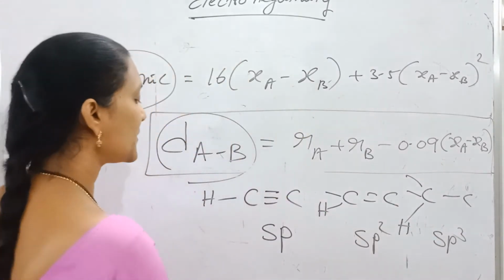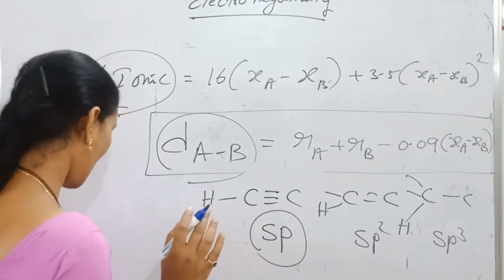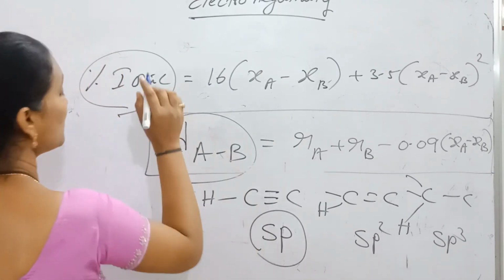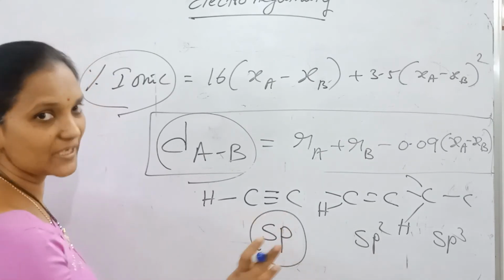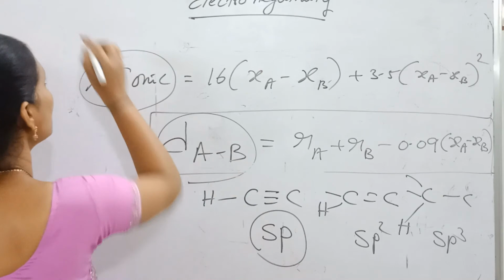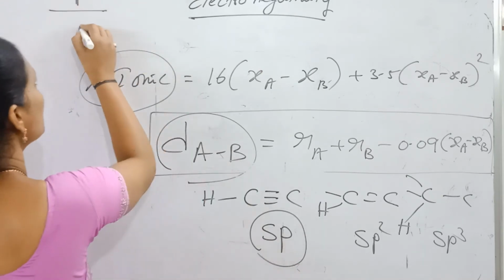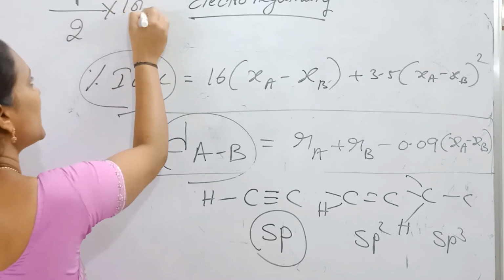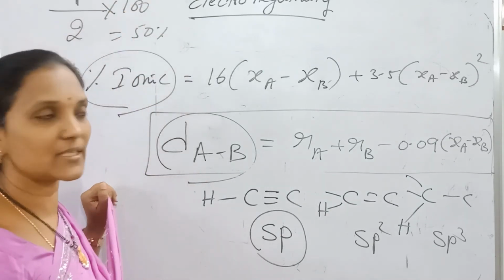If the percentage of s character is more... how to calculate the percentage of s? One is the s orbital, one is the p orbital, so two hybrid orbitals here. Number of s, 1, by total number of orbitals, 2: 1 by 2 into 100 is 50% s character.